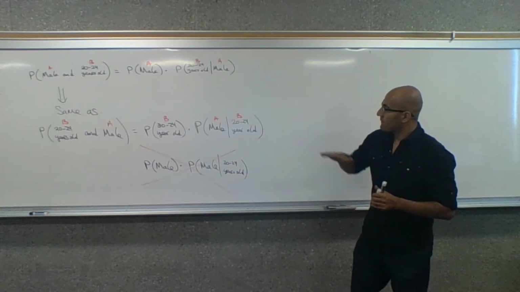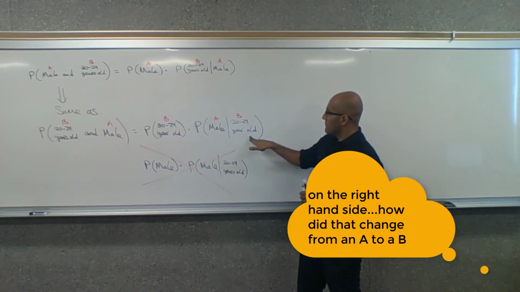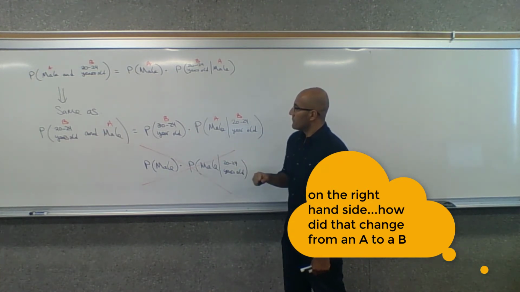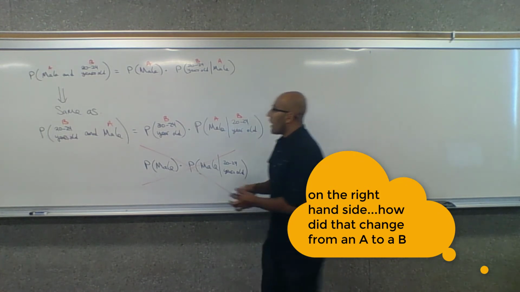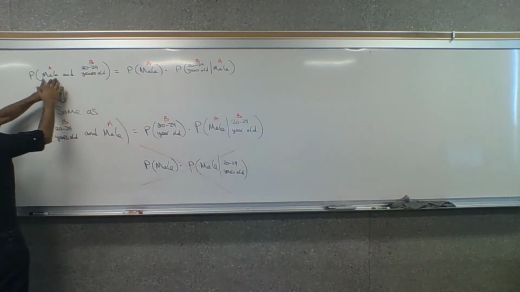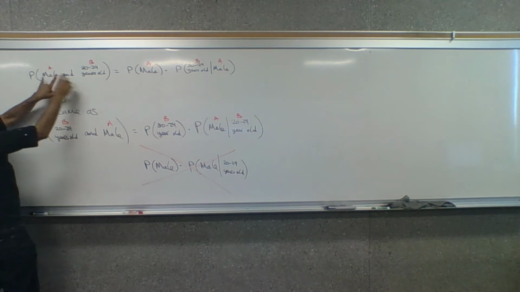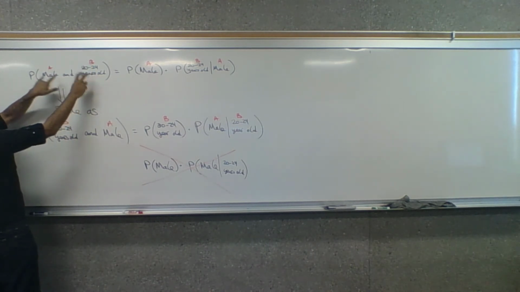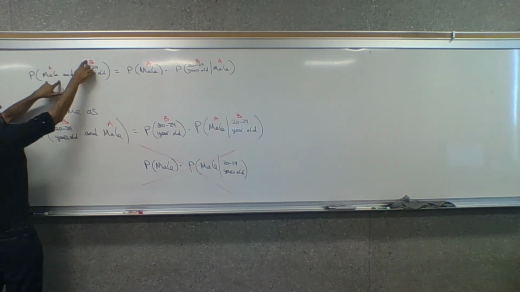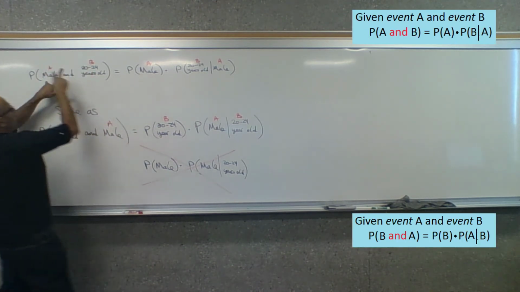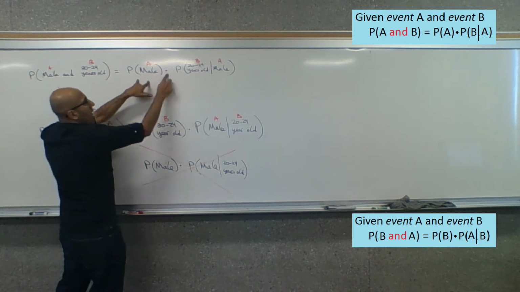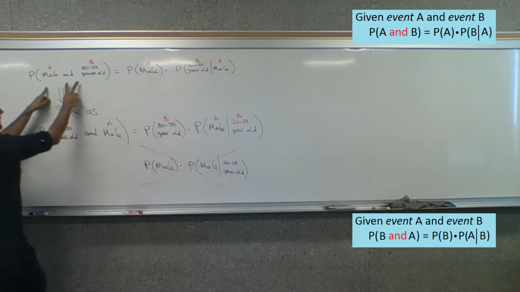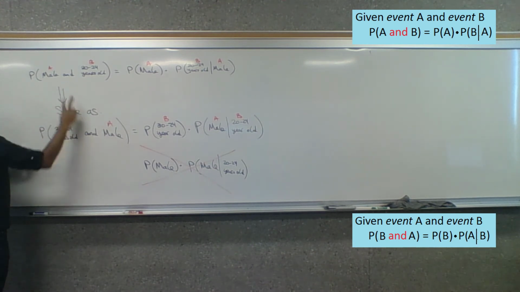I skipped over the second line, where 20 to 24-year-old on B goes to the left a little bit. Now, how did that change from male and A at the top to B right there? So what I did was, I'm sticking to the notation that A is the male and B is the 20 to 24-year-old. So up here, I have it in this order, A and B. So therefore, it's equal to the A happening times the B happening, given that it's the A. So now, if I decided to switch this, let's just flip it around just for fun.